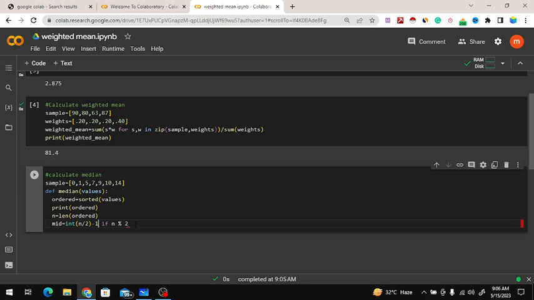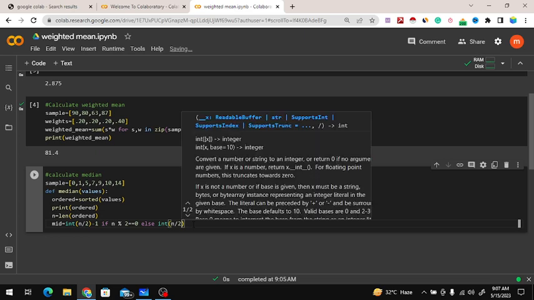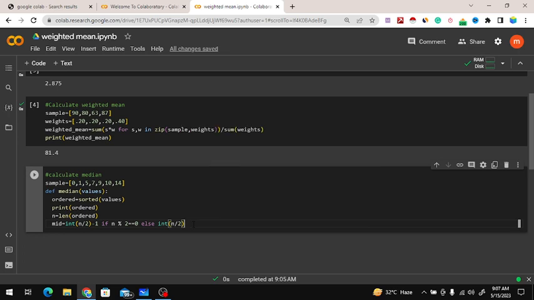Then if n percentage 2 should be equal to 0, else integer mid must be n divided by 2. Is it right? Now let's go ahead.